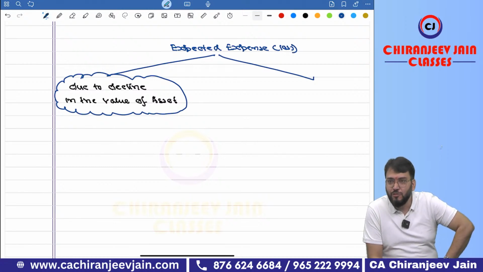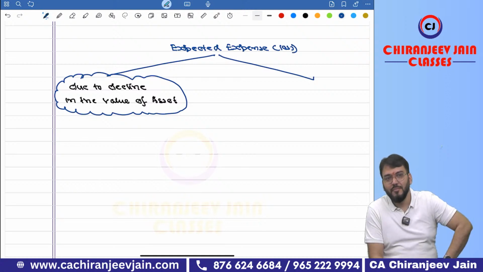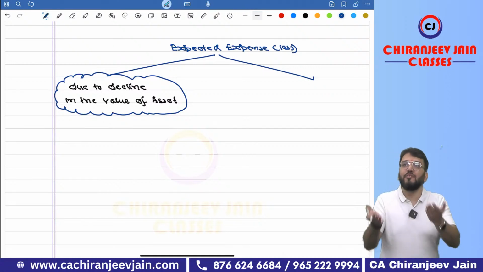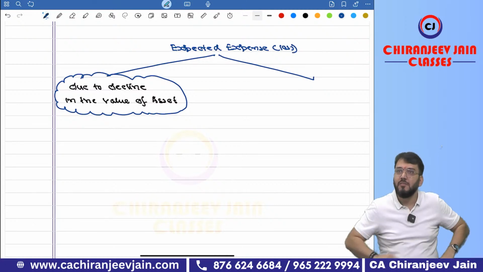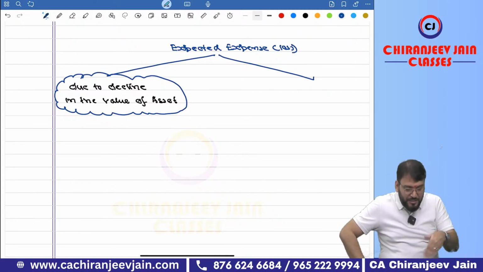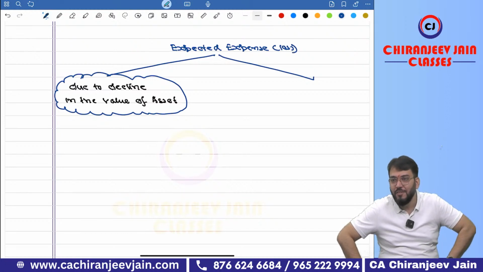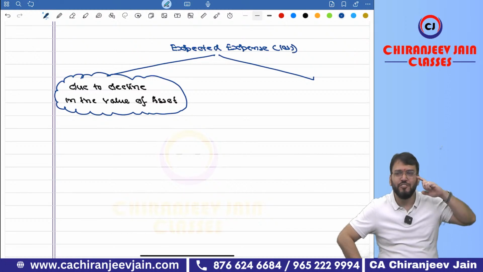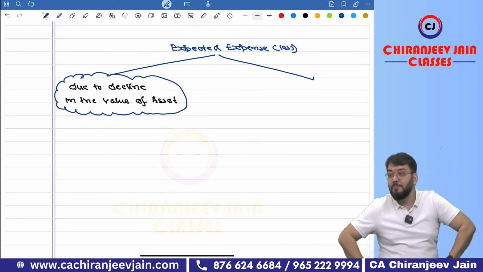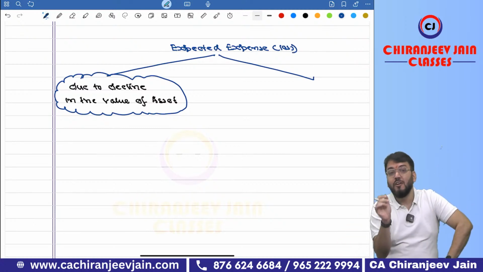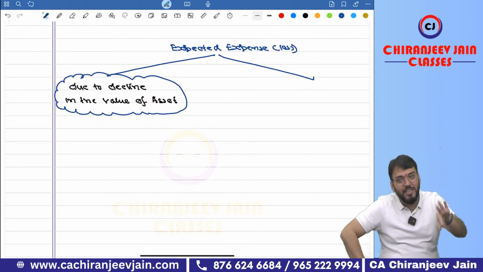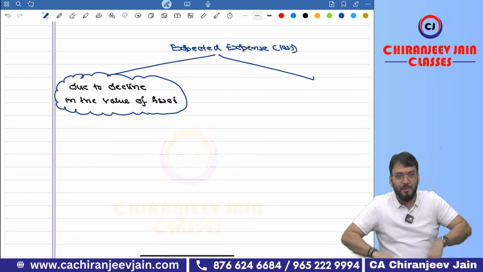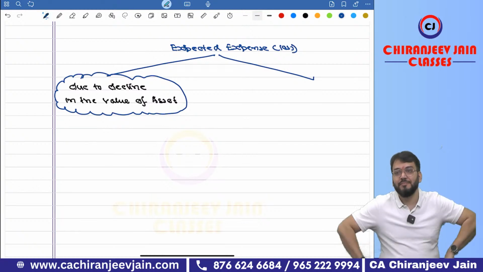I have used this furniture in this year, so depreciation of this year will be charged to the P&L account. I was expecting you would say depreciation because we are in CA Foundation, CA Inter. I just want to change you. After 10 classes, whatever I ask, you will give me the correct answer, because I will convert you from CA Inter to CA Final. Right now you are in the conversion stage.